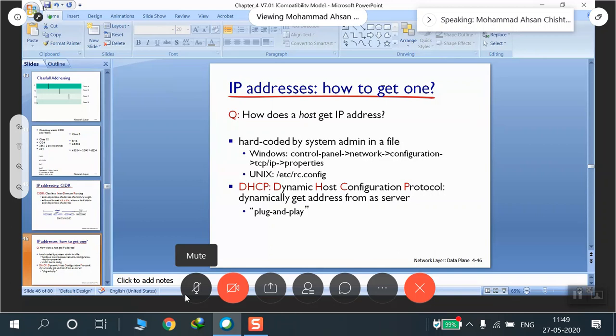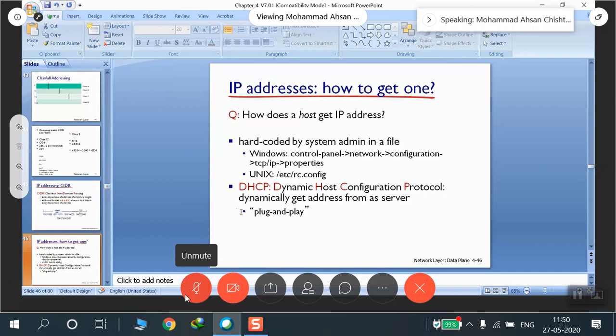Yes, sir. Okay. DHCP is a protocol known as Dynamic Host Configuration Protocol. You will get certain information regarding your PC so that you can get connected to the network directly. What information would it include?